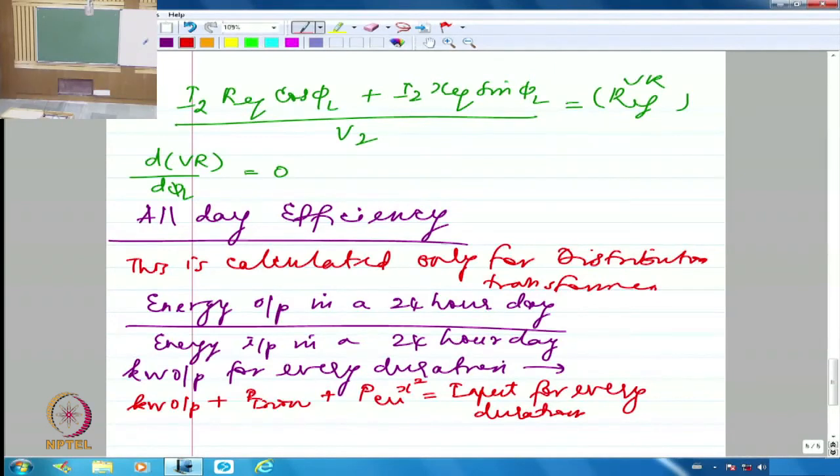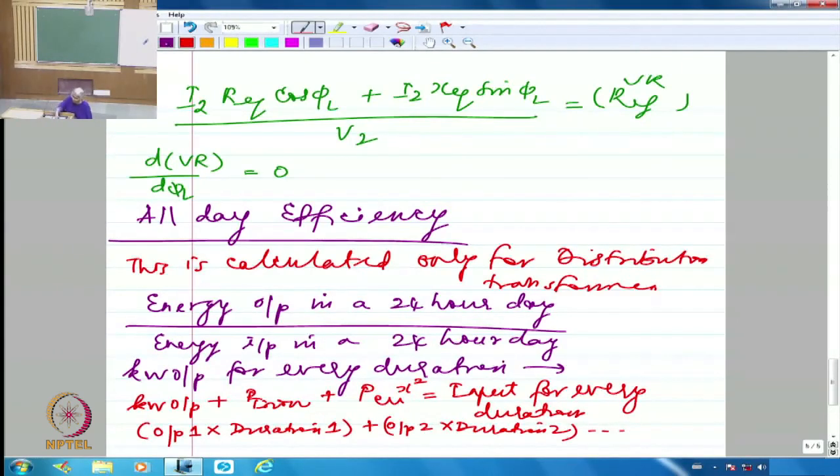So, this will give me the total inputs, and here it will give me the total output. But for everything I should say output 1 multiplied by duration 1 in hours, so I will get kilowatt hour. Then similarly output 2 multiplied by duration 2 and so on.